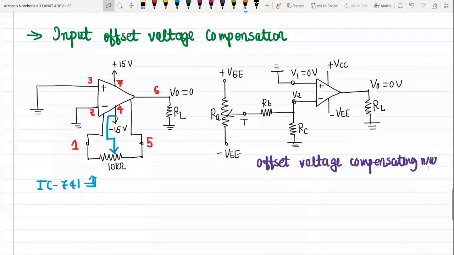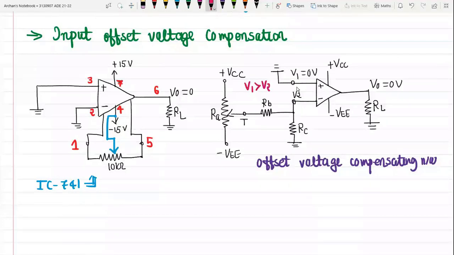Oh, sorry, this is VCC, not VEE. So when V1 is greater than V2, we should increase the value of V2, and you can increase the value of V2 by moving the wiper toward plus VCC.